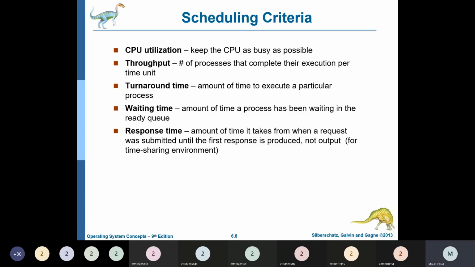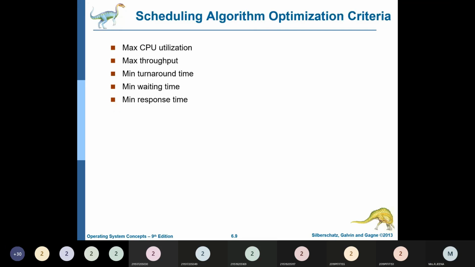We should never make it idle. The next is throughput: how many processes complete their execution per unit time, for example 2 or 3 processes per unit time. If they are long, it stops at 1 or 2 processes per unit time. If they are very short transactions, it takes about 15, 13 or 10 processes per unit time. So our major aim is maximum CPU utilization, maximum throughput, minimum turnaround time, minimum waiting time, and minimum response time.